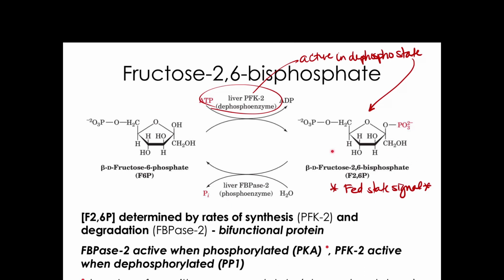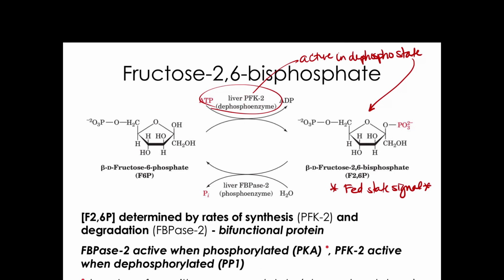So again, if F26P is a fed state signal, we'd expect it to be made in a diphospho state. And again, this is one of those, it's a little bit weird, right? We've got kinase activity under a diphospho system. So again, the kinase part of this enzyme is active under a diphospho state, but the end product makes sense.